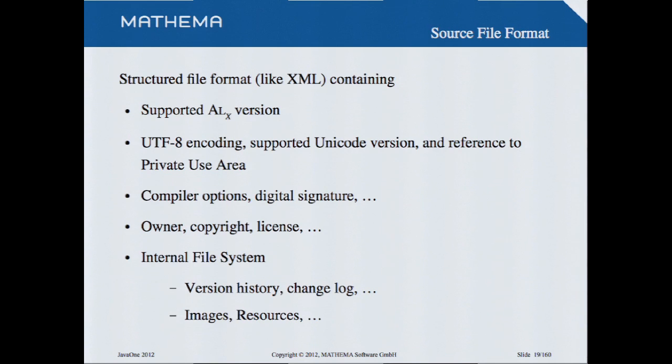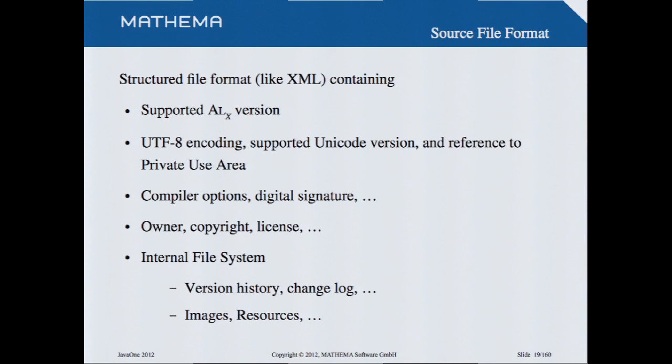Last thing. The file format is a binary format. If you only use the text, you can still use it with a normal text editor, but usually you will embed pictures and so on for the documentation. And so there's an internal file system, and the internal file system allows to store those binary data. What I think is very useful is that there's a supported version, and the compiler options are embedded in the file.